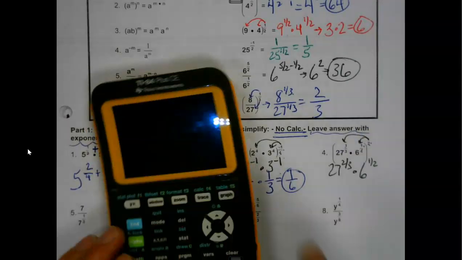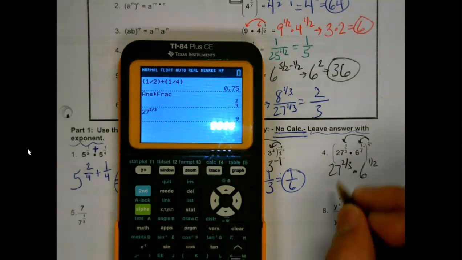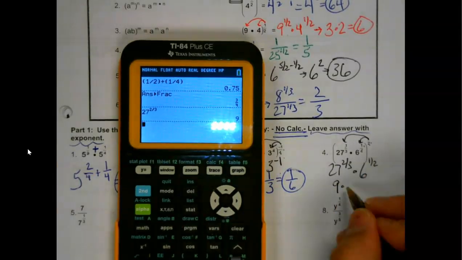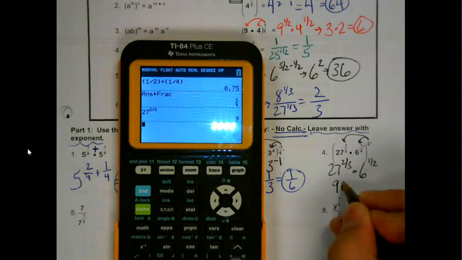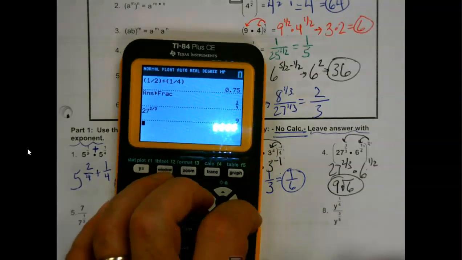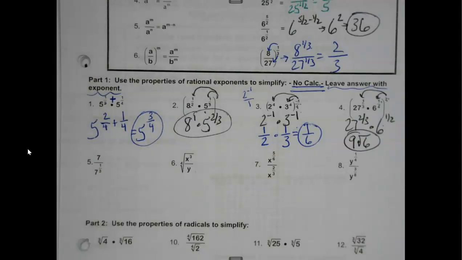And you're like, can we do anything with this? 27 to the 2/3 simplifies, okay. But the square root of 6 doesn't. So you could leave it as 6 to the 1/2, or you could just change it to the square root of 6. Either one. Again, we're always looking, can I go a little further? Just a little bit.